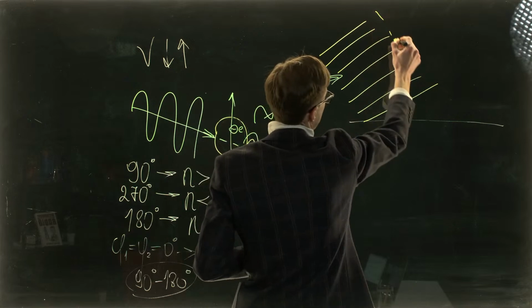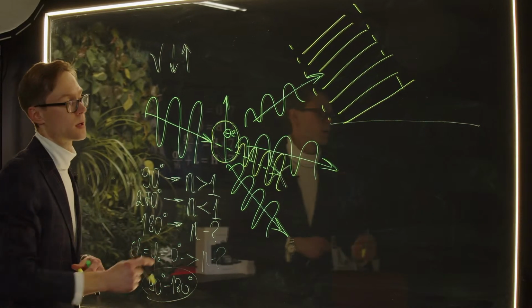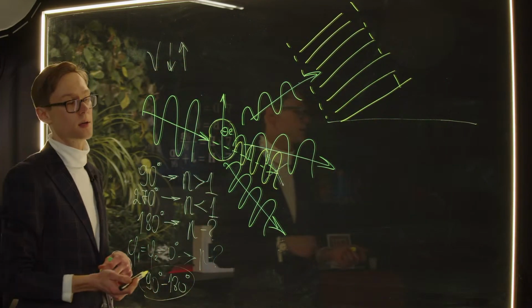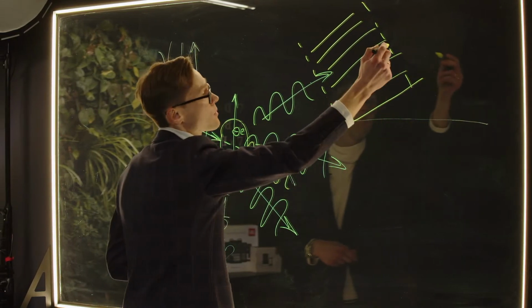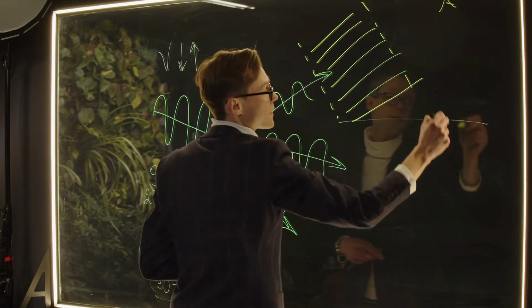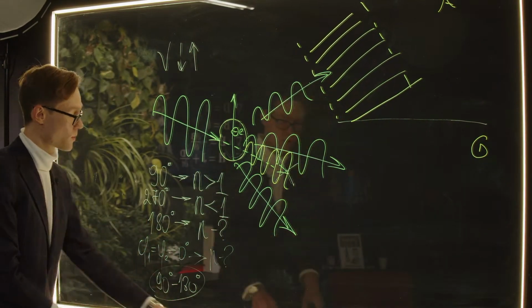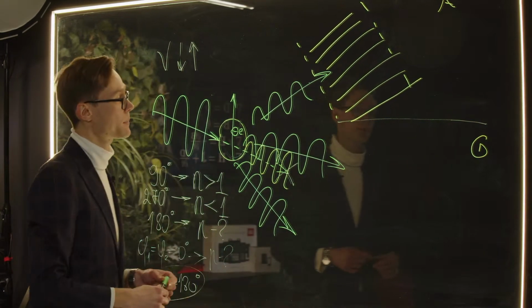So it travels like this, gets to the interface, some part maybe is reflected, some part goes through the material. So this will be air and this will be glass. And this part which goes through the glass, on this interface, on this border, what happens here?